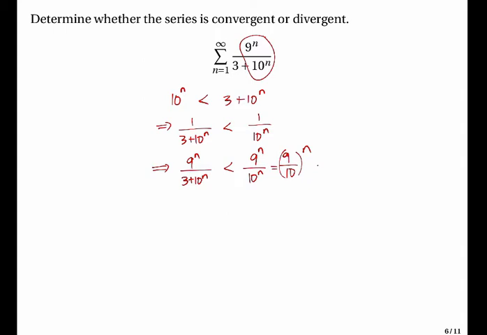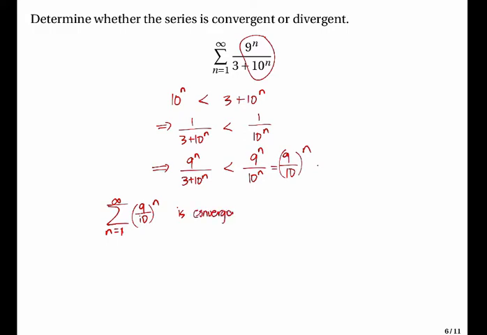Which means we can use the series with these terms for comparison. But notice that the series of 9 over 10 to the n, from 1 to plus infinity, is convergent.